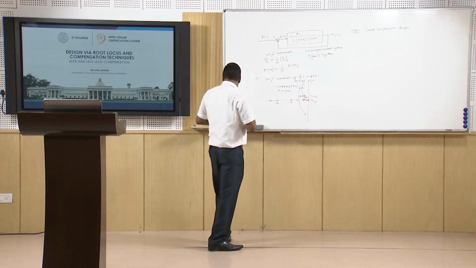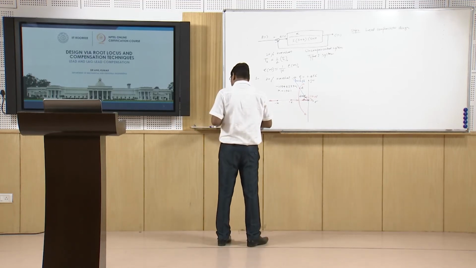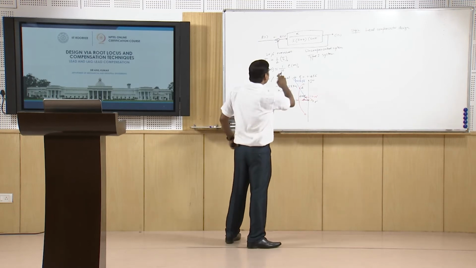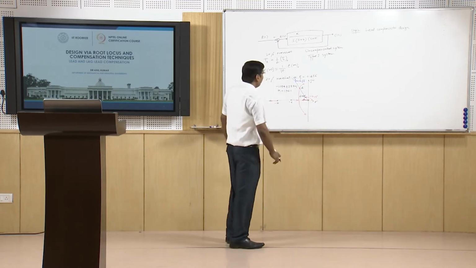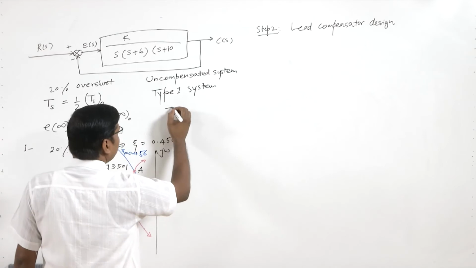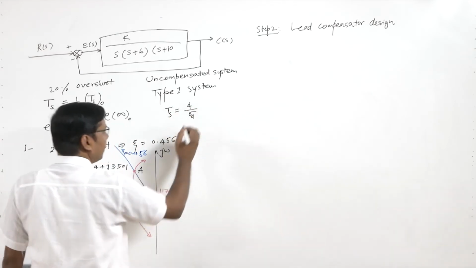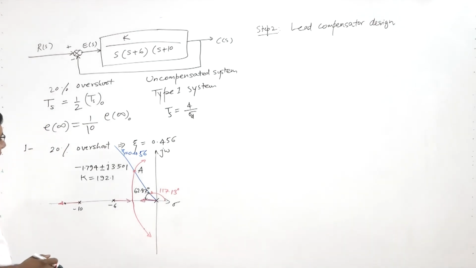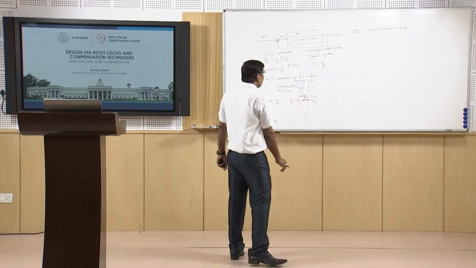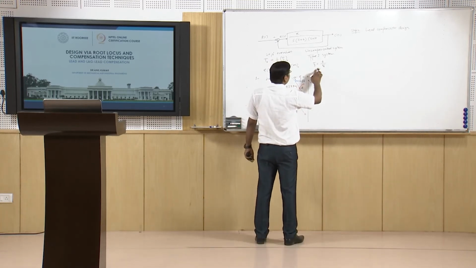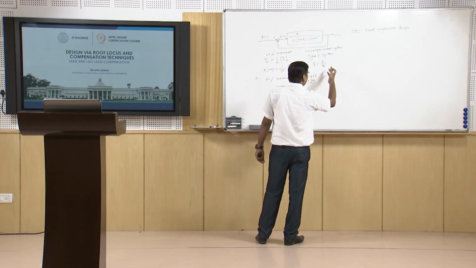We know that the settling time should be half, and we know that settling time Ts equal to 4 upon sigma d, that is zeta omega n. Sigma d is the real part of the pole. So here if we want Ts half, this sigma d should be double.